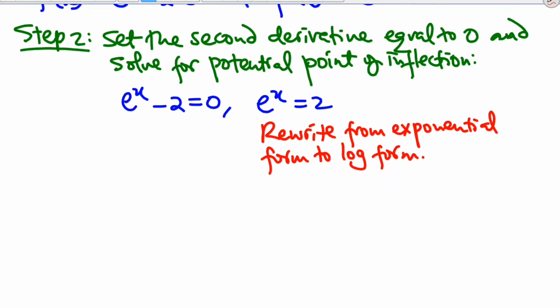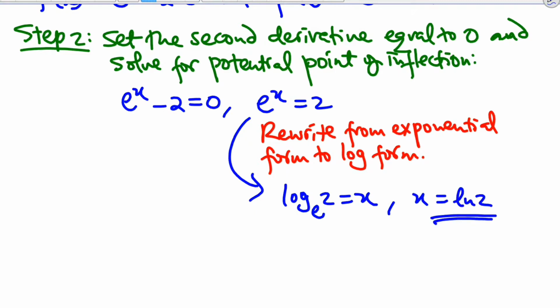What I mean is this: log to base e of 2 will be equal to x, which implies that x will be equal to ln of 2. Okay, so the potential point of inflection will be at x equals ln 2, and we need to investigate further.